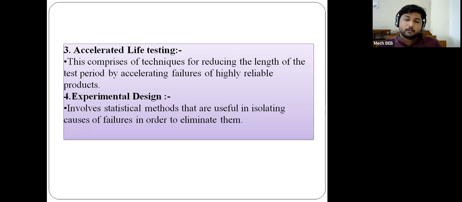By doing that formulation, we are determining the different types of failure, where it will fail, and what specific parameter causes the product to fail. So such experimentation or analysis will be carried out, and that type of testing is considered to be experimental design testing.